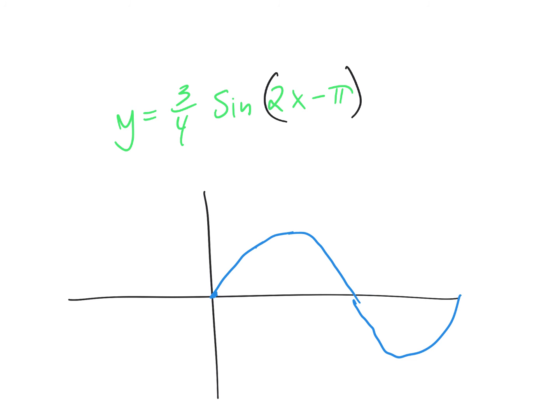Where does it end, Ben? Take it over from there. One pi over 2, 2 pi over 2, 3 pi over 2, and 4 pi over 2 is 2 pi. We can leave it as 2 pi.